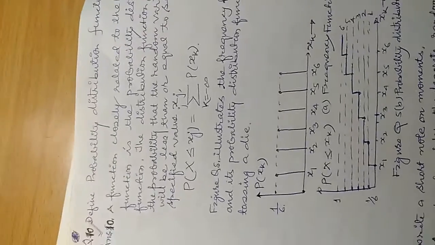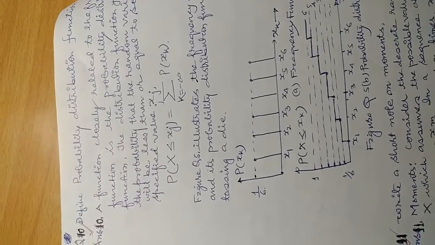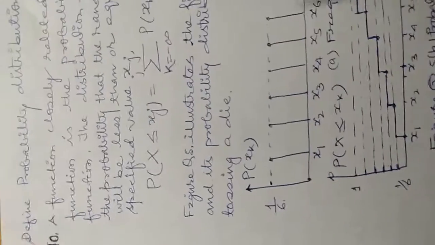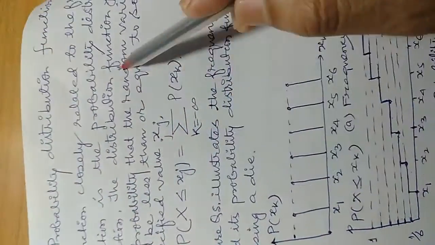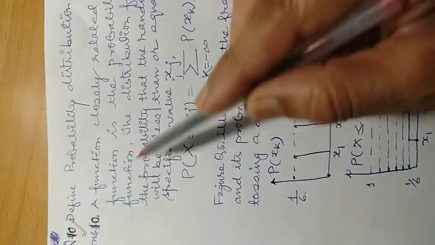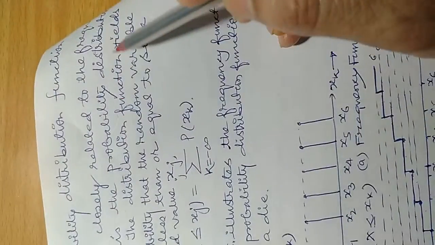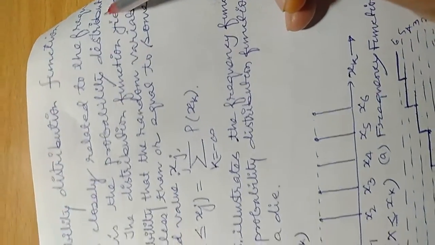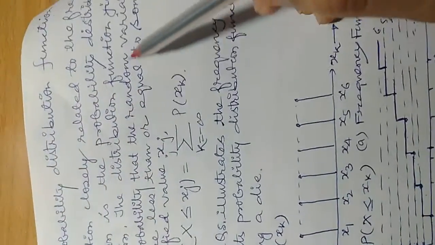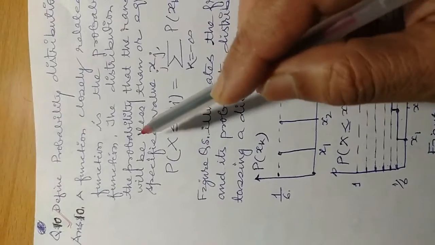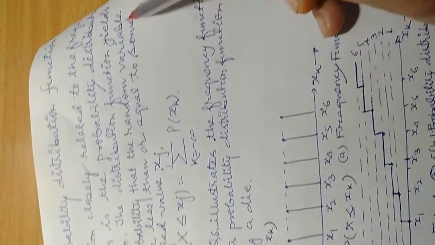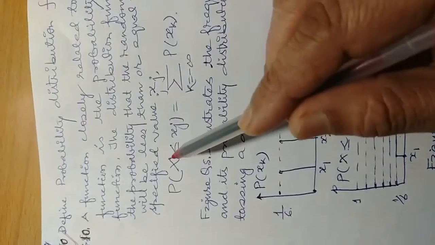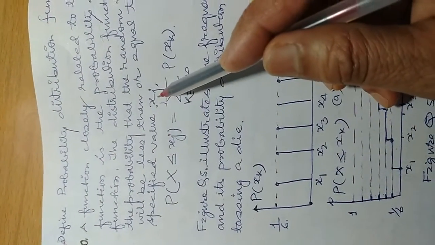The probability distribution function is the cumulative addition of the frequency functions. A function closely related to the frequency function is the probability distribution function. The distribution function yields the probability that a random variable will be less than or equal to some specified value xc.